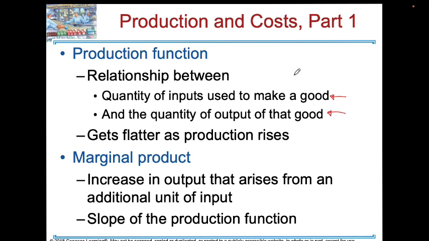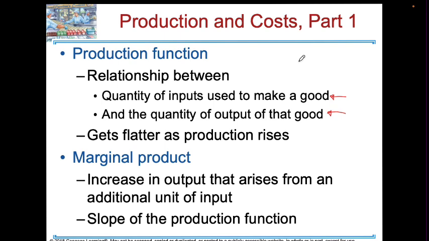And what we find is that as quantity of production goes up, the production function normally flattens. And the fact that it flattens has something to do with the functional form of the production function, and also has to do with the productivity of the inputs that are going into the function.